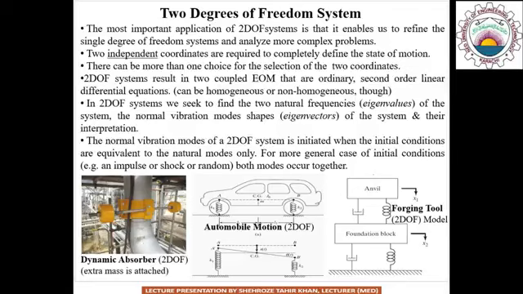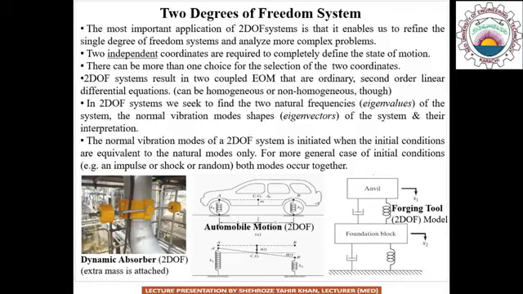Since there are either two independent types of motions or two masses involved, there are two equations of motion, which are ordinary second order linear differential equations. These equations may be homogeneous or non-homogeneous.